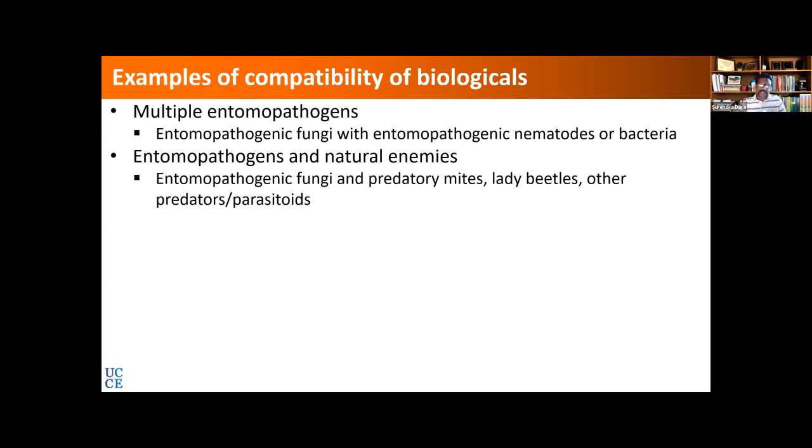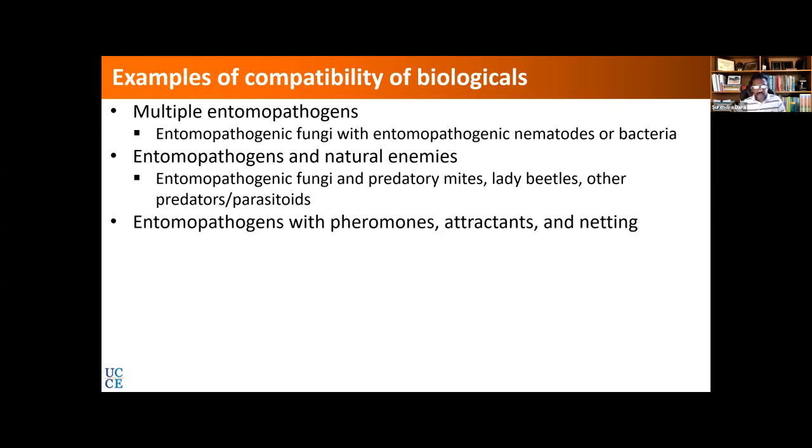Some could impact these natural enemies and some have no impact. Actually, there was an additive effect for pest control. Then using entomopathogens with pheromones or attractants or netting, even spraying entomopathogenic fungi on the nettings, and that can provide control. So it is like a physical control along with microbial control.